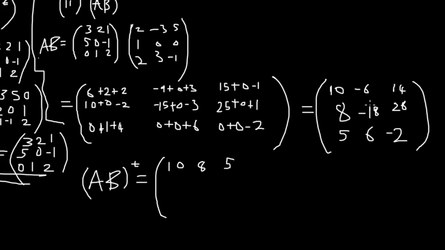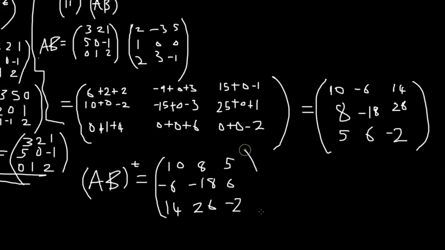And then the second column will go into the second row to be negative 6, negative 18, and then 6. And then the last column will go into the last row, which will be 14, and then we have 26, and then negative 2 there.